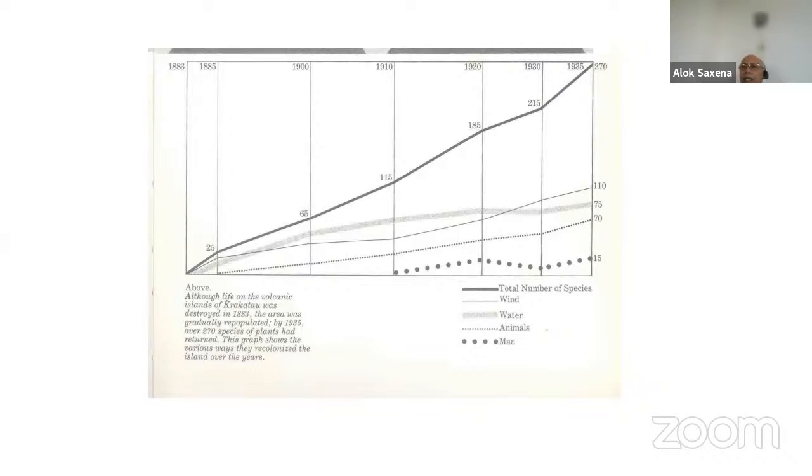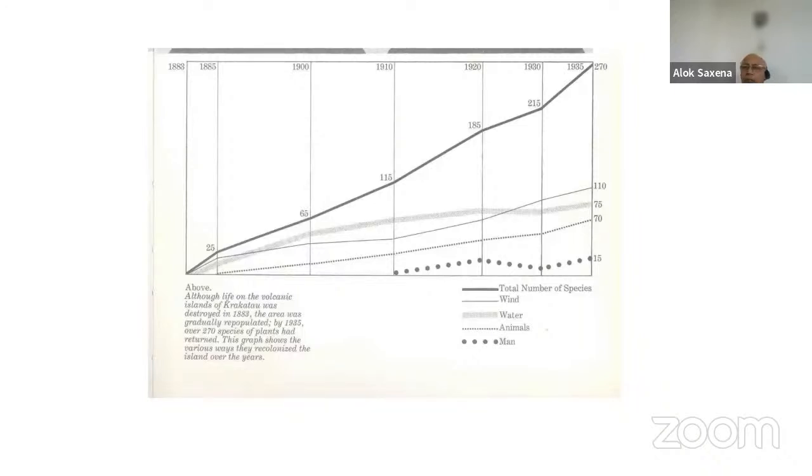And another very interesting thing was that 50 species of plants which were detected earlier had gone extinct. That means extinction was also going on. So these two processes of immigration and extinction were taking place on Krakatau Island. This validates that theory of island biogeography.